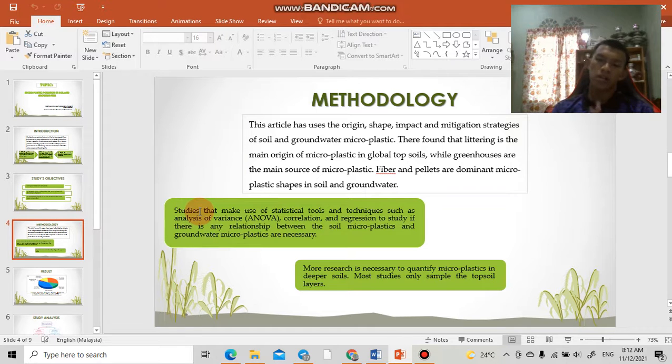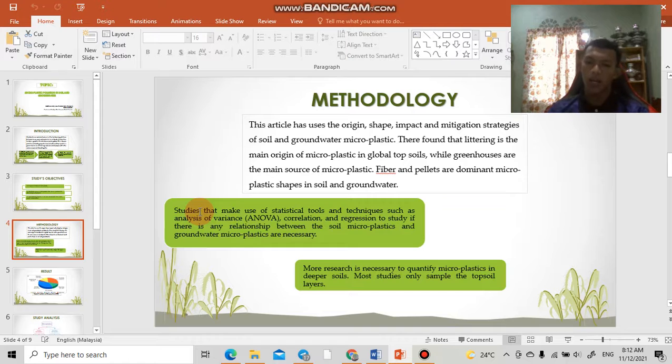Alright, for the methodology, this article used two methodologies. The first one makes use of statistical tools and techniques such as ANOVA, correlation, and regression, to see if there is any relationship between the microplastic and groundwater; microplastic research is necessary.